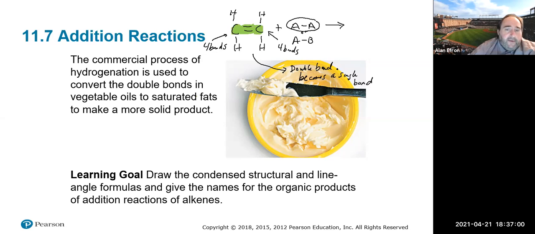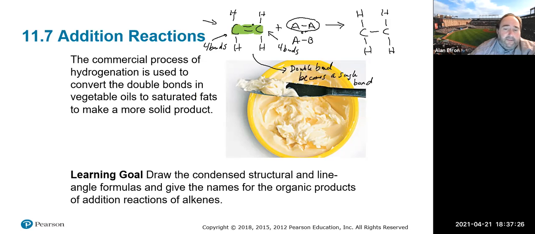Absolutely nothing else changes here other than you should, on the other side of the arrow, draw this exact same thing exactly the way it is and just turn your double bond into a single bond. Don't overthink it. That's exactly all you have to do.